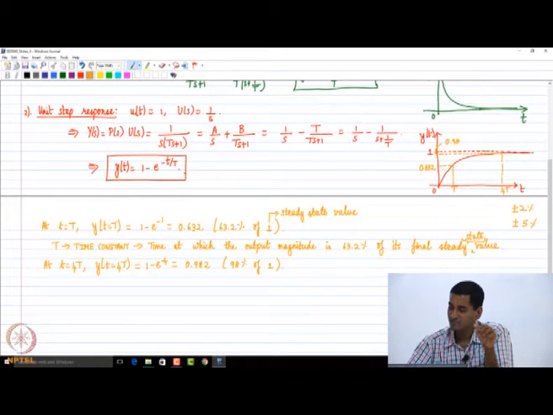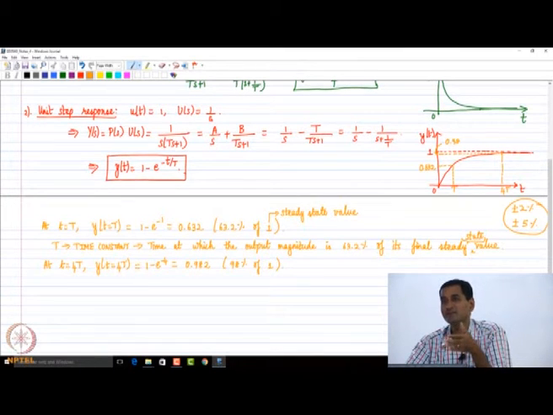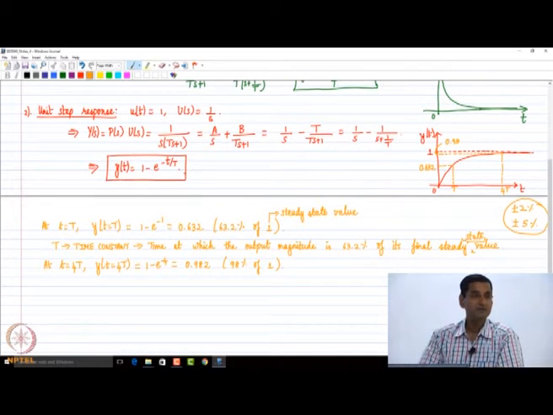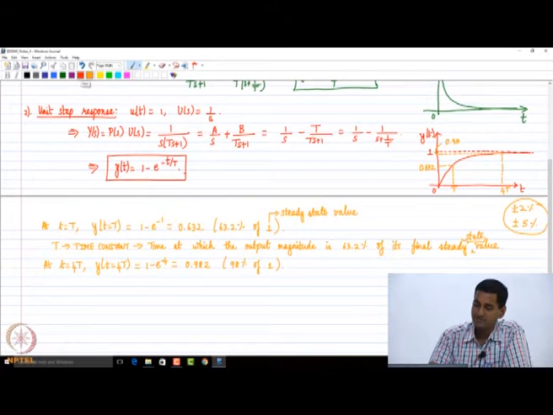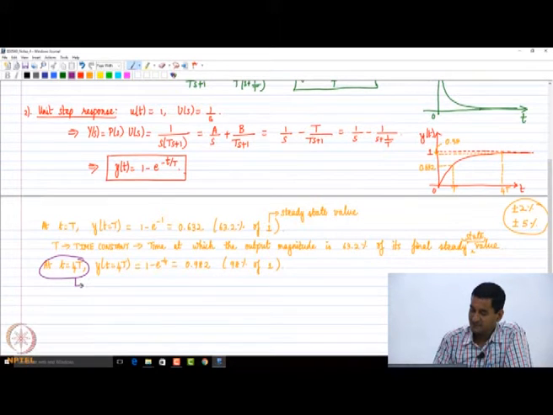You will see that people use different bands around the final value to quantify the speed of response. If I say plus or minus 2%, I am asking when the output will come to 98% of the final value. That happens to be 4 times the time constant, and this parameter is what is called the settling time.